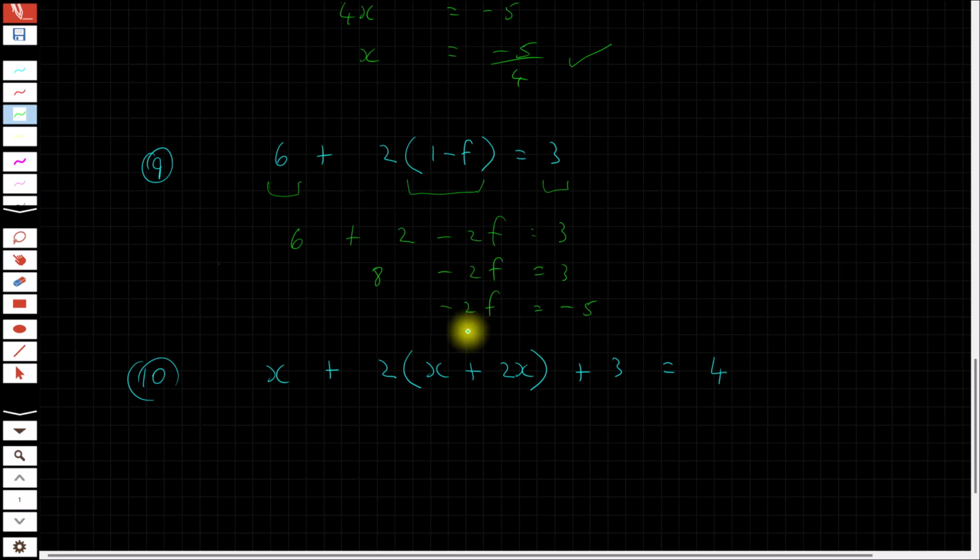So we need to divide by negative 2 on the left hand side, divide by negative 2 on the right hand side. I'm going to go over here because I've run out of space. This will vanish, those negative 2's on the left, and we're left with f equals negative 5 over negative 2. The negatives will cancel and we're left with 5 over 2 as our answer.